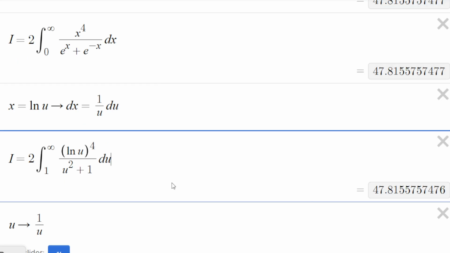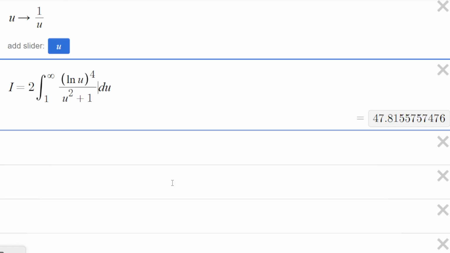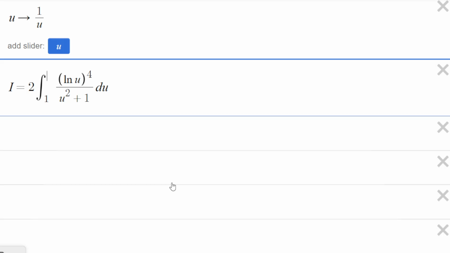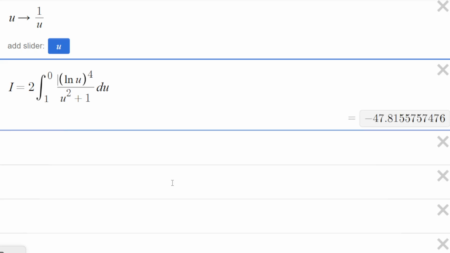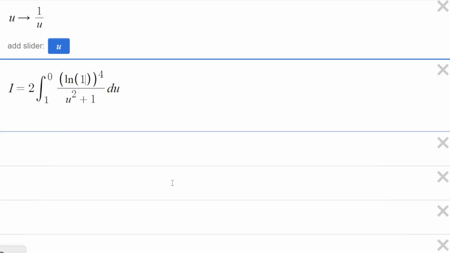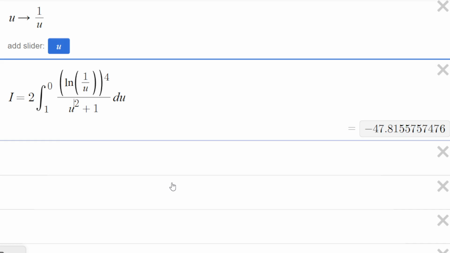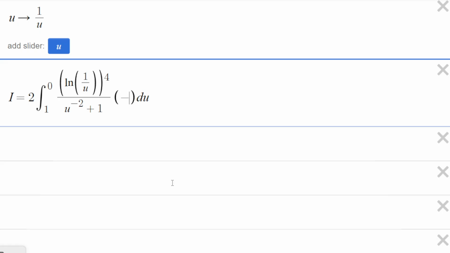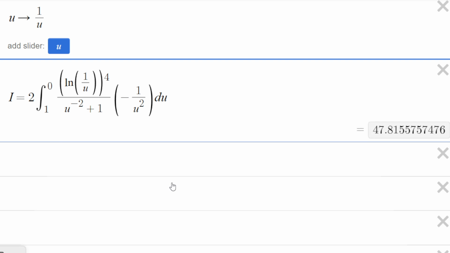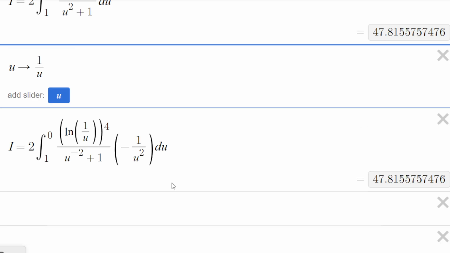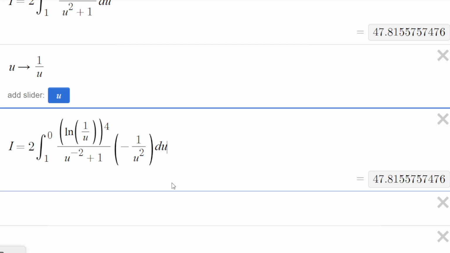Let's do the bounds of integration first. 1 over infinity, that's 0. 1 over 1 is 1. Natural log u becomes natural log of 1 over u. This becomes u to the negative 2. And our differential now becomes negative 1 over u squared du. And as you can see, we still have the same value. So that's valid.